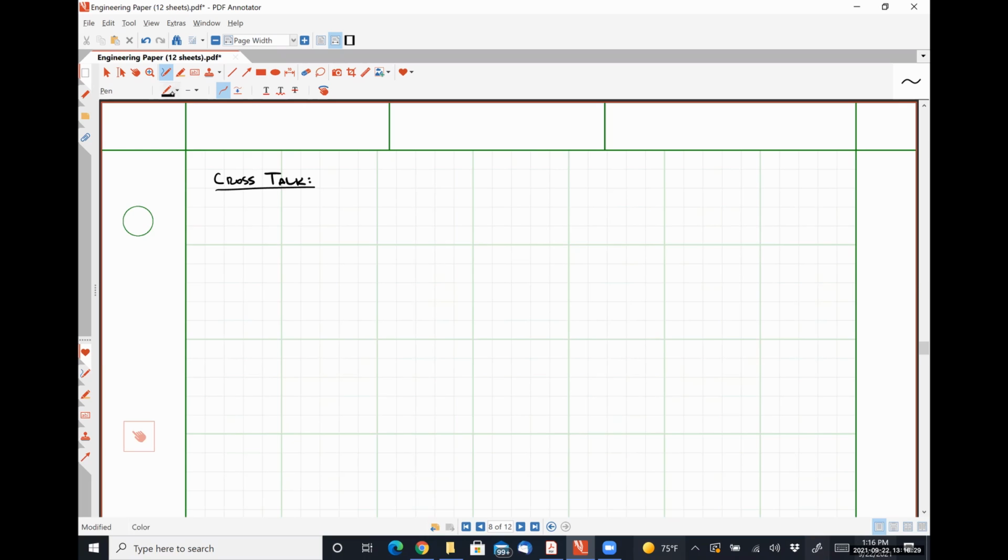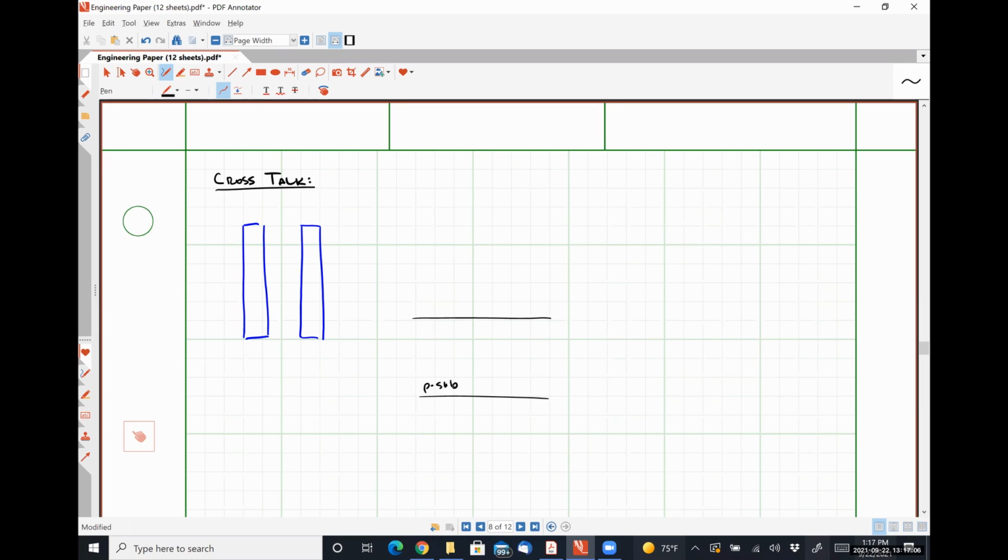So let's say that we have a section of metal one wire placed physically nearby another section of metal one wire. If we were to draw, I'd call it, I guess, an isometric view of what's going on here.